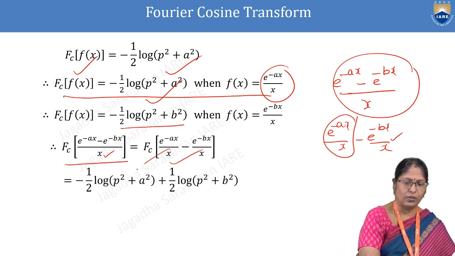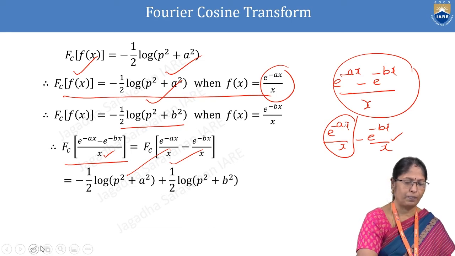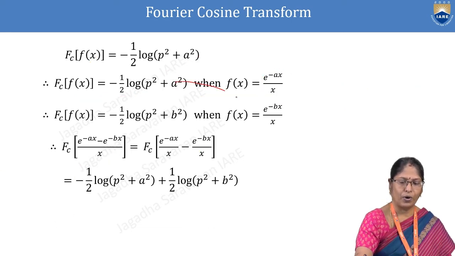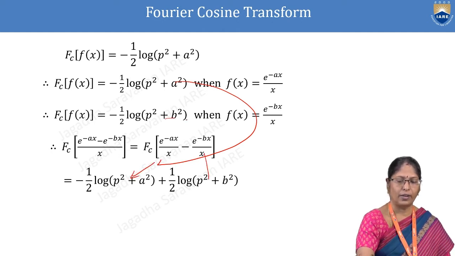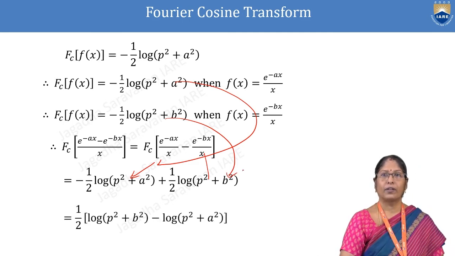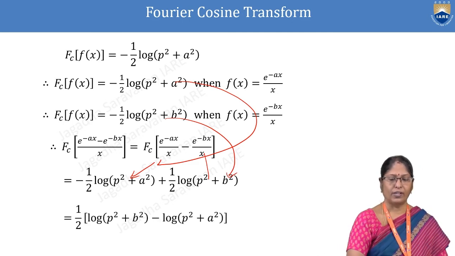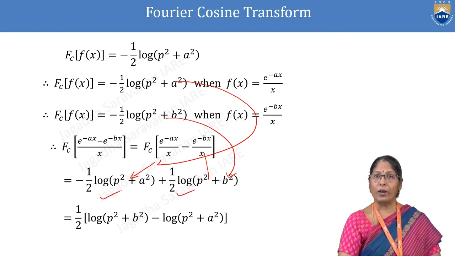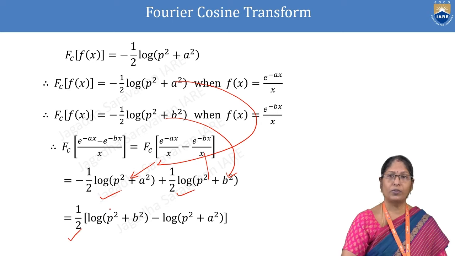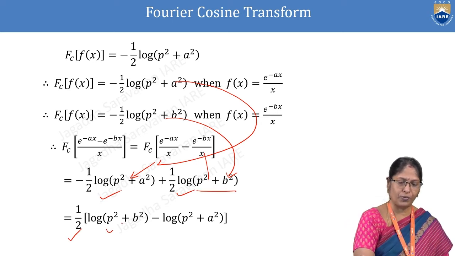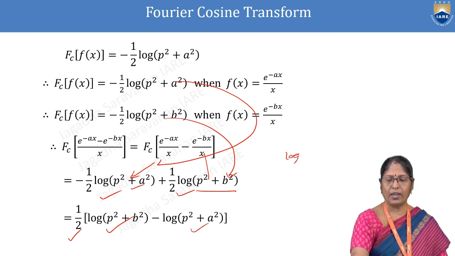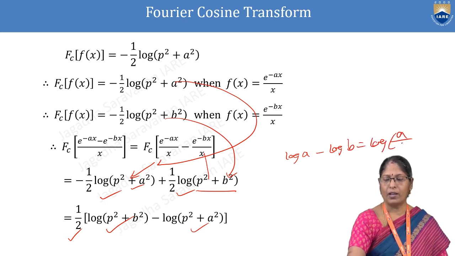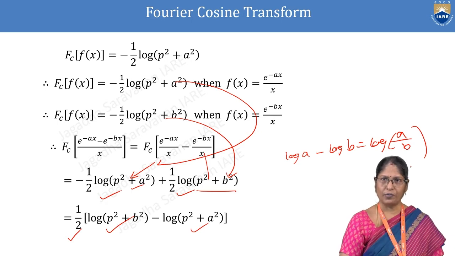So the first one is substituted here, and the second is substituted here. Some modifications we did. In both the terms, 1 by 2 is common, so we have taken it out. The positive part we wrote first, and this is written second, because we know log A minus log B can be written using the logarithmic formula as log of A by B. That we are going to use.